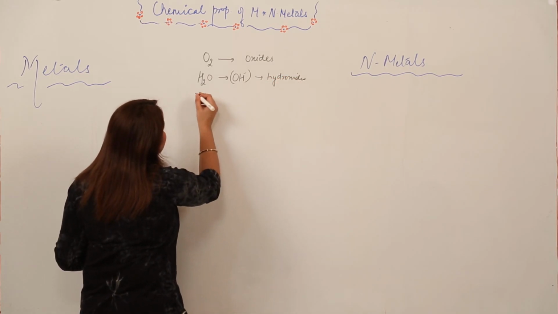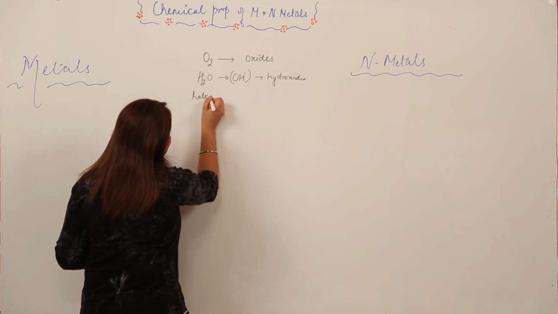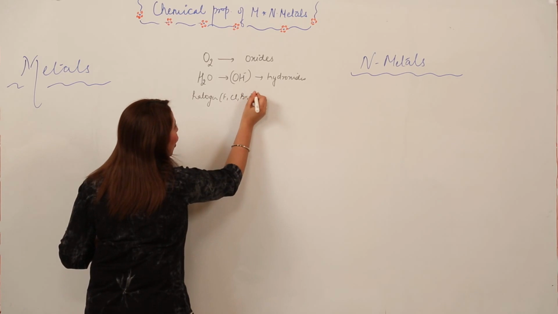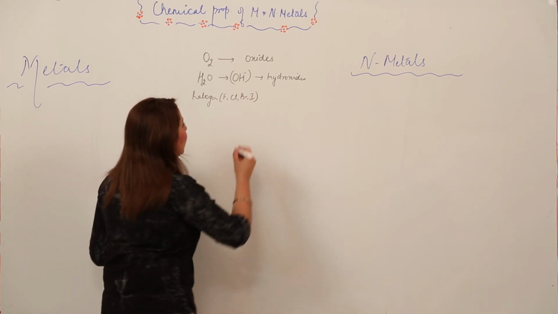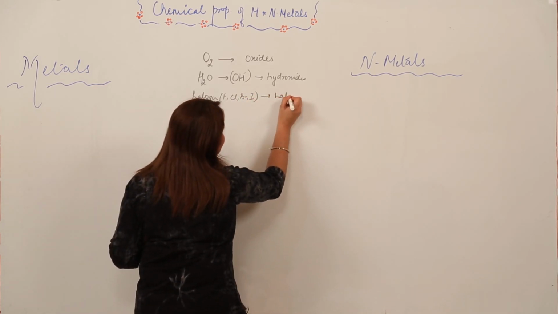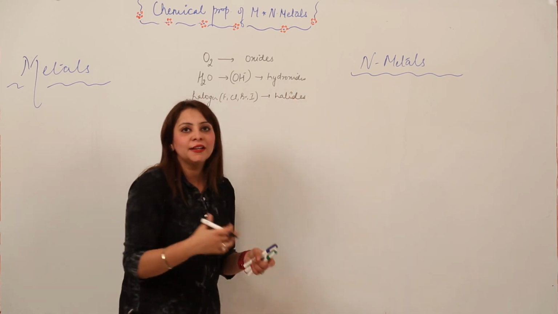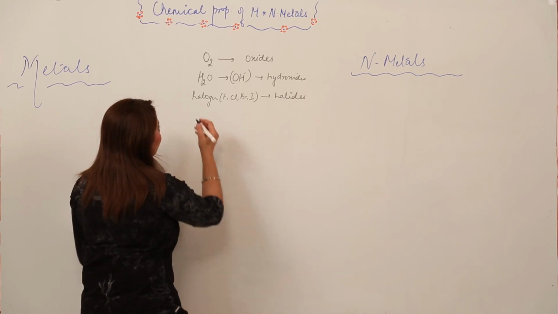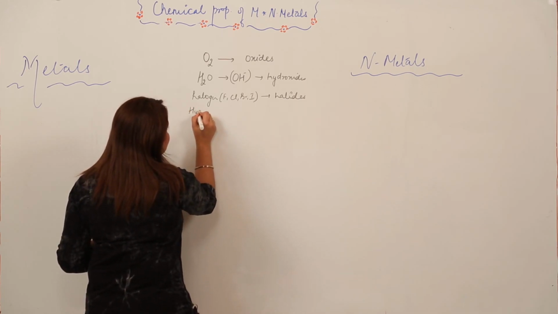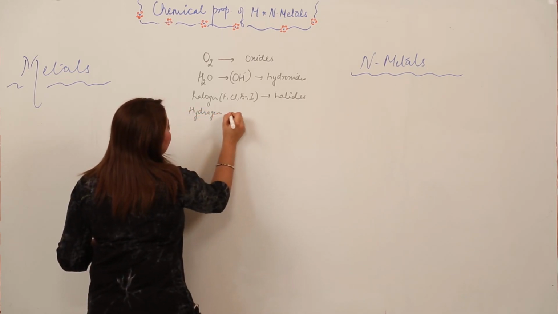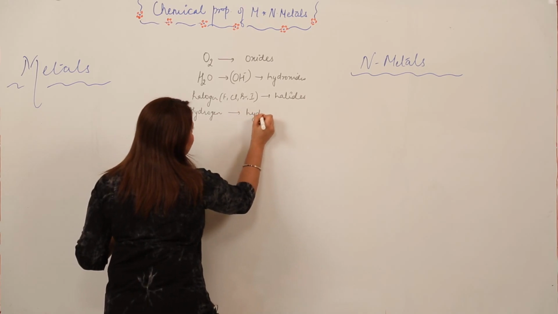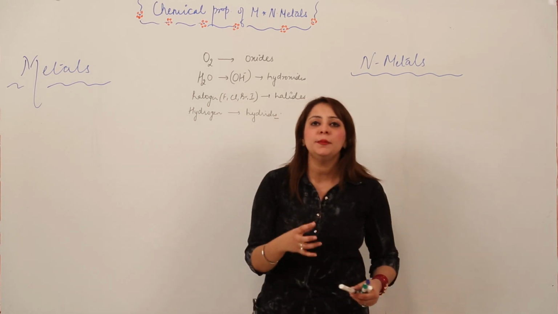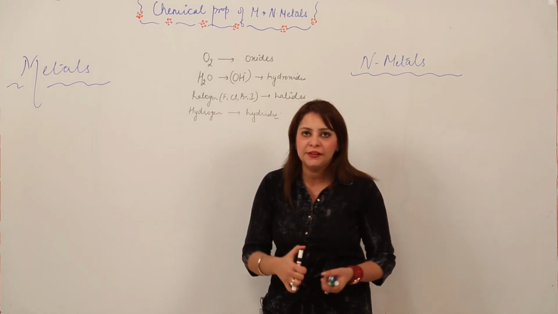Similarly, if some substance reacts with some halogen, halogen meaning fluorine, chlorine, bromine or iodine, it leads to the formation of the respective halides, meaning fluoride, chloride, bromide, iodide. And one more thing, if some substance reacts with hydrogen, it leads to the formation of hydrides. These are the basic things you have to keep in mind before starting with chemical reactions.